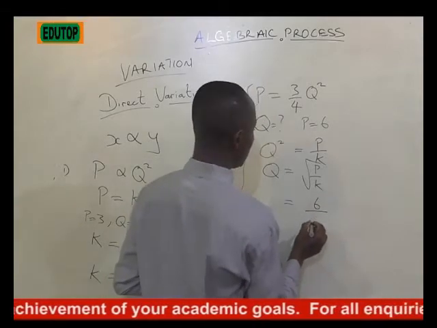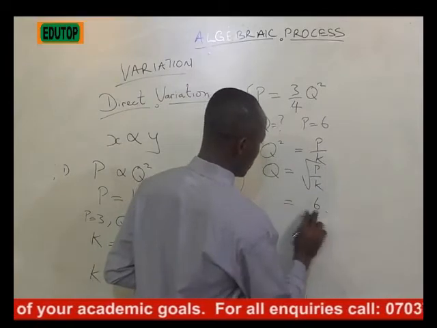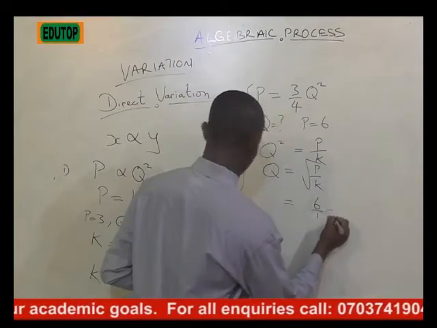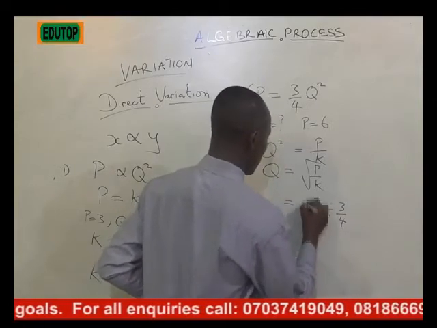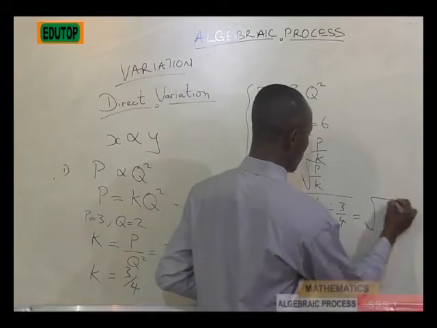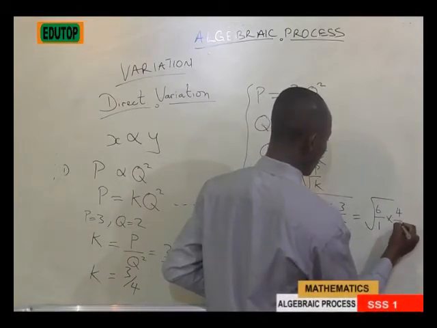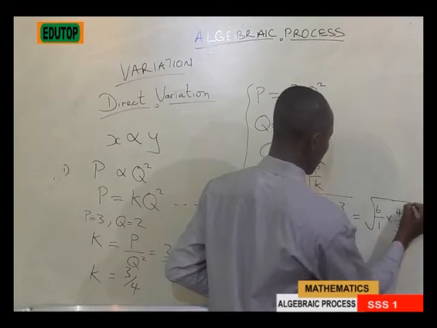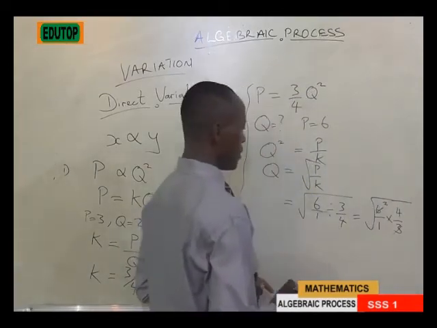p is equal to 6 all over, what's our k? That's 3 over 4. That is 6 over 1 divided by 3 over 4, the square root of everything, which is equal to the square root of 6 all over 1 times 4 all over 3. Here we have 2.